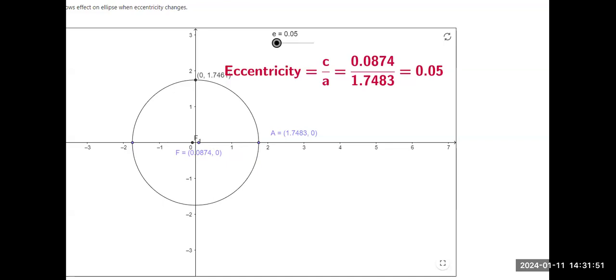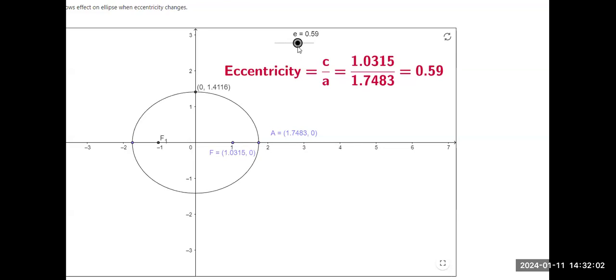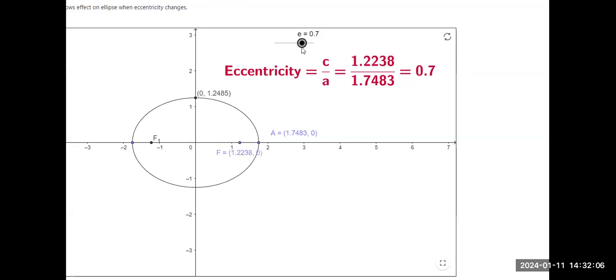That's a good one. So as E gets closer to 1, the foci get closer to the vertices. Or in other words, as E gets bigger, the foci are more spread out, right? And as E gets smaller, the foci get closer together until you get to 0.